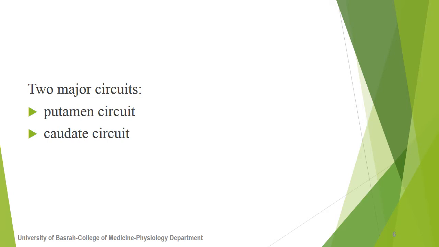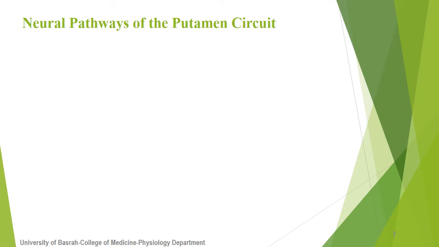One is called the putamen circuit, where the putamen nucleus is involved, and the second is called the caudate circuit, where the caudate nucleus is one of the circuit's parts. First of all, we'll talk about the neuronal pathway of the putamen circuit, how it starts and how it ends.